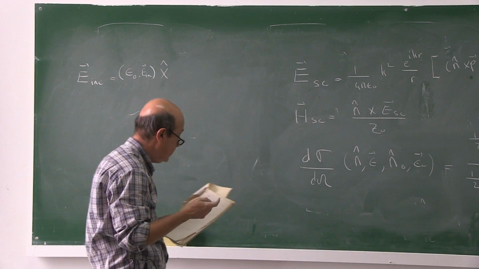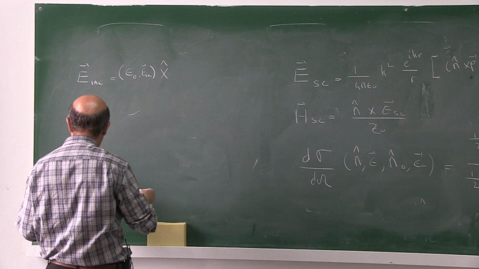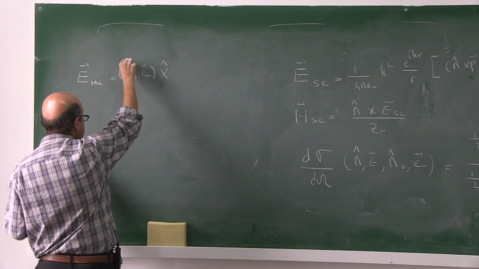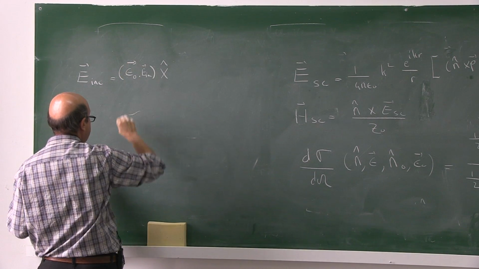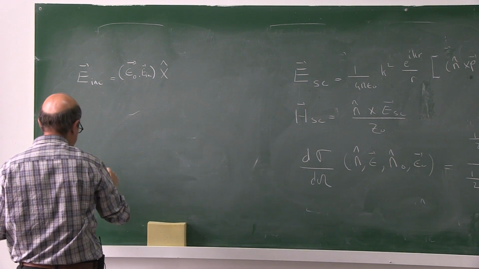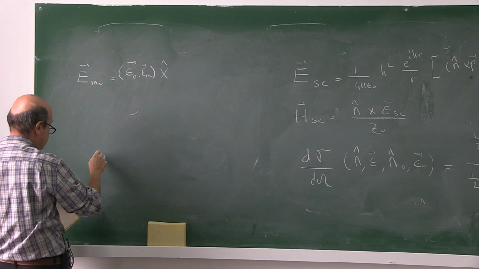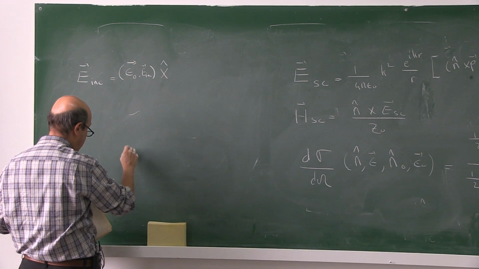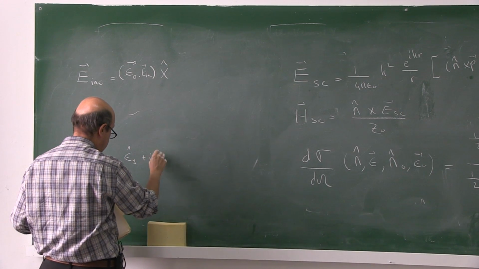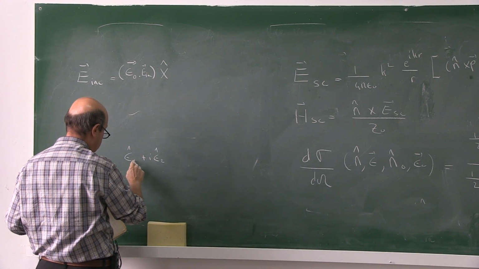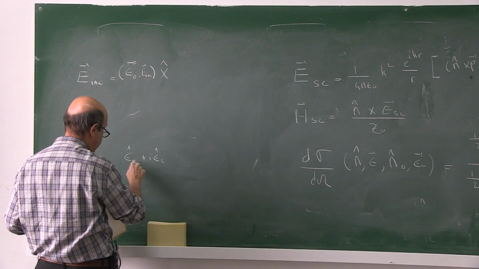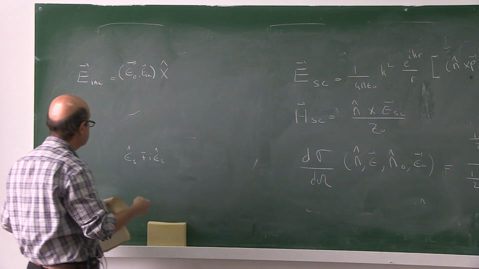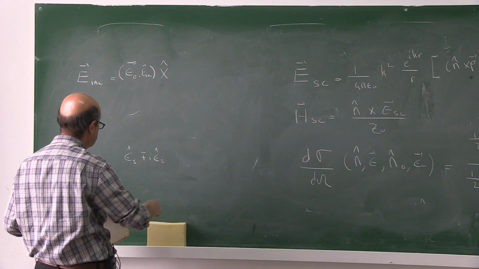It's a complex vector. So, for example, for circular polarization, that was epsilon 1 plus i epsilon 2, so epsilon 1 is x hat, epsilon 2 is y hat, x hat plus i y hat. One of them is left-handed, the other is the right-handed circular polarization.